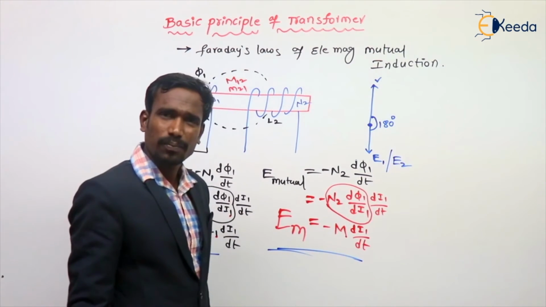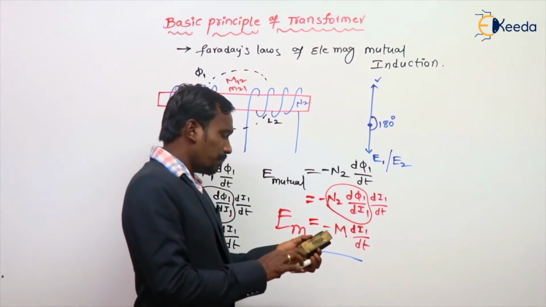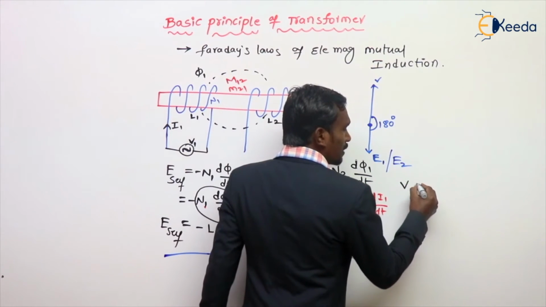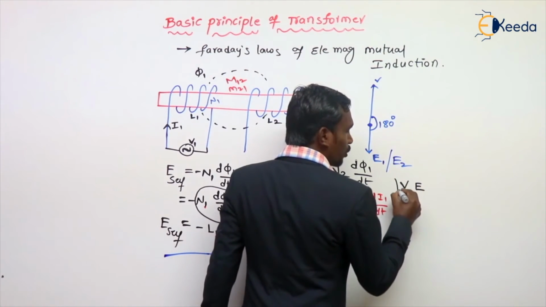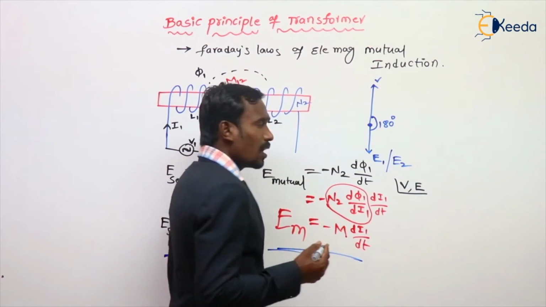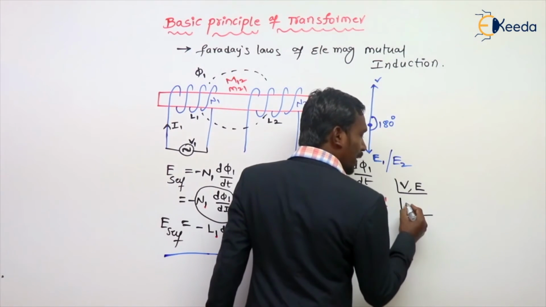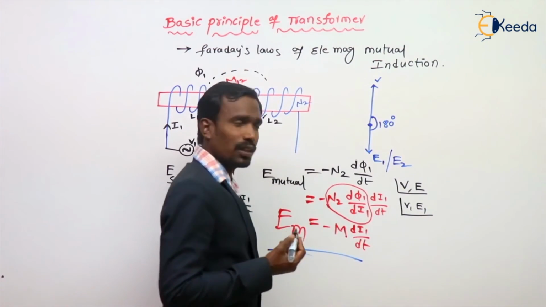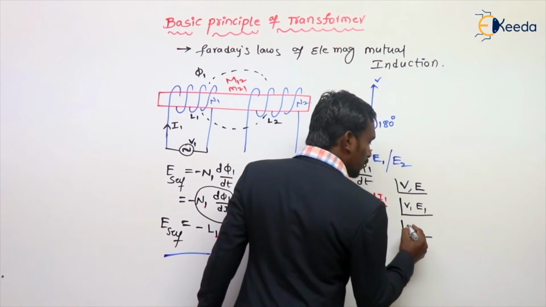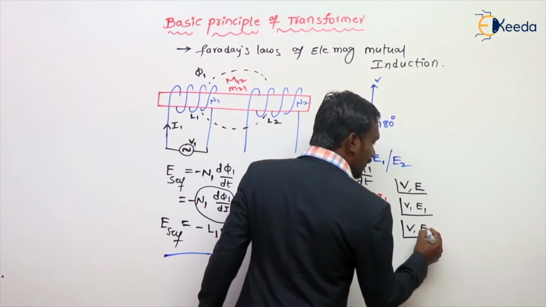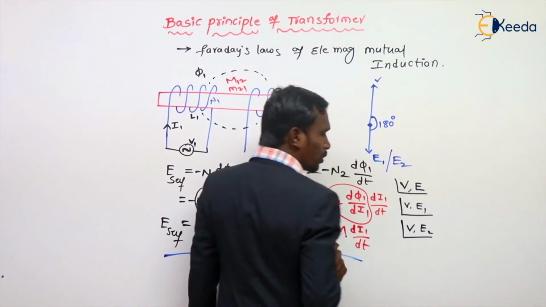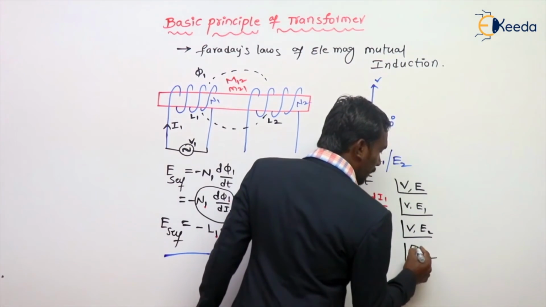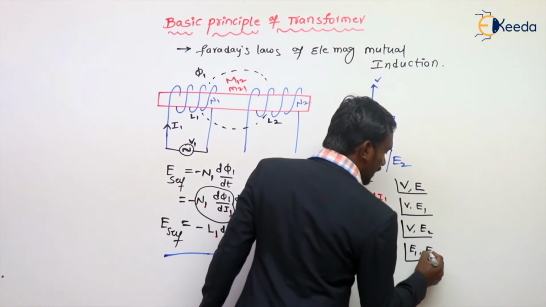Now the main questions are: what is the angle between supply voltage and induced voltage, what is the angle between supply voltage and primary induced voltage, what is the angle between supply voltage and secondary induced voltage, and what is the angle between primary induced voltage and secondary induced voltage?